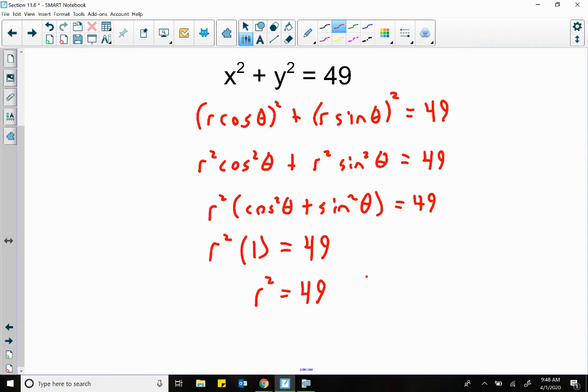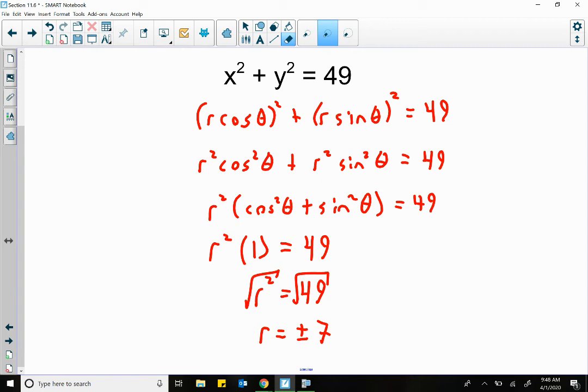How do I get rid of something squared? Square root it. And because I'm square rooting, this is plus or minus 7. And that makes sense that this equation is in the form of a circle, because up here, this is the equation of a circle with the center at the origin and a radius of, well, r squared is 49, so r is just 7.